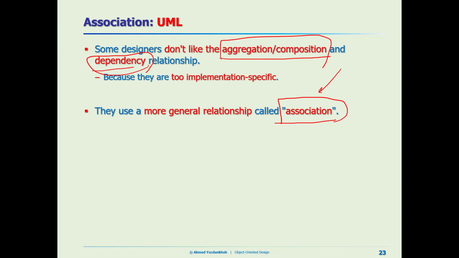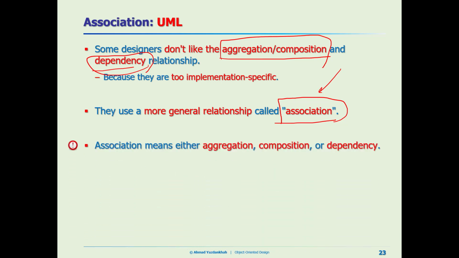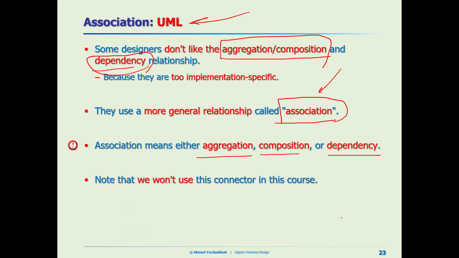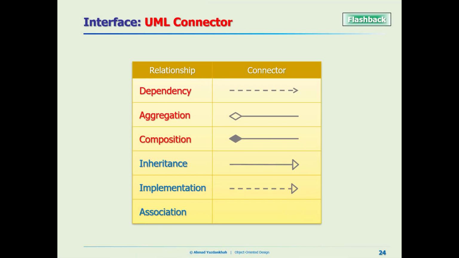So if we say association, we mean either aggregation or composition or dependency. In this course, we won't use this. I am just mentioning it to make a complete discussion about these UML things, but let me at least explain very briefly what it is.